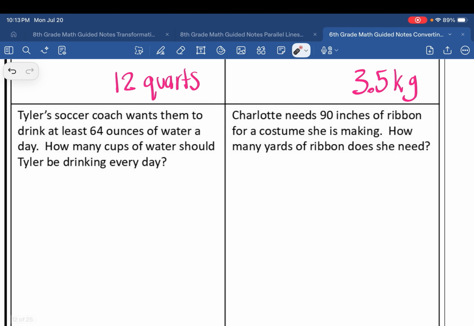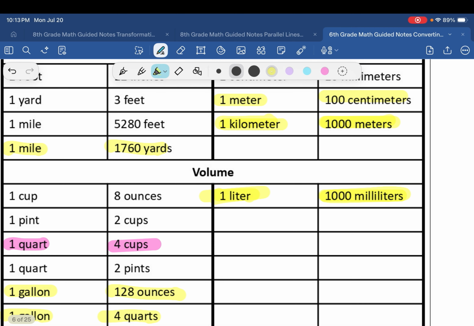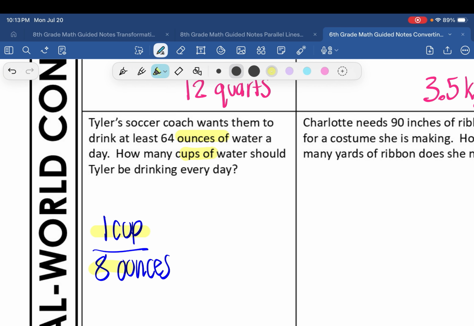Tyler's soccer coach wants them to drink at least 64 ounces of water a day. How many cups of water should Tyler be drinking every day? So I'm converting ounces and cups. I'm looking for ounces and cup, which is volume. So 1 cup is 8 ounces. That's my conversion ratio. Put cups on top, so I will keep cups on top. If you put cups on bottom, you keep your cups on the bottom.